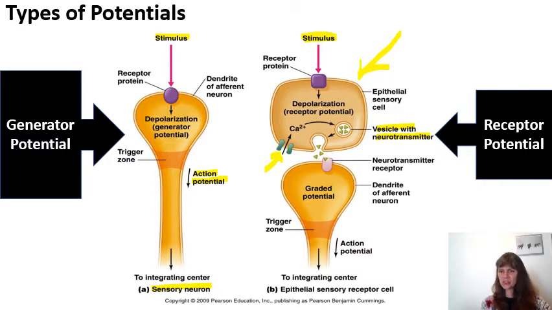It's a more indirect method of communication. So generator potentials are generated directly on sensory neurons. Receptor potentials are generated on specialized receptor cells, which will then communicate with sensory neurons.